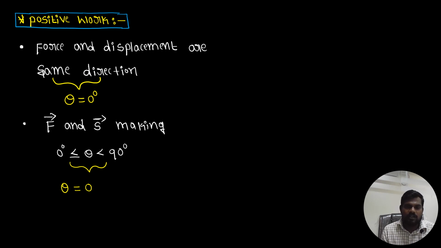In these two situations the work is positive. One is theta equal to 0: force and displacement in the same direction is nothing but theta equal to 0. The other is force and displacement making an angle theta with 0 less than or equal to theta less than 90 degrees only. Otherwise this is nothing but an acute angle. We call the angle an acute angle also.